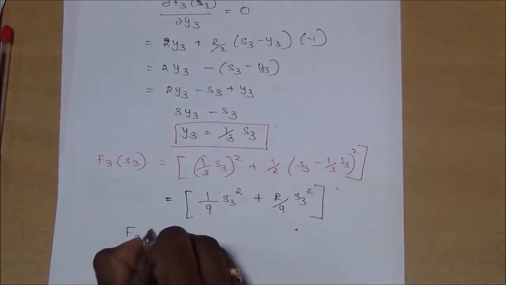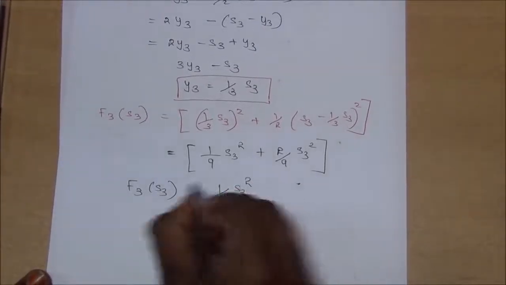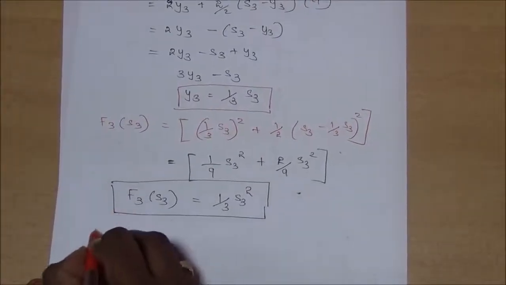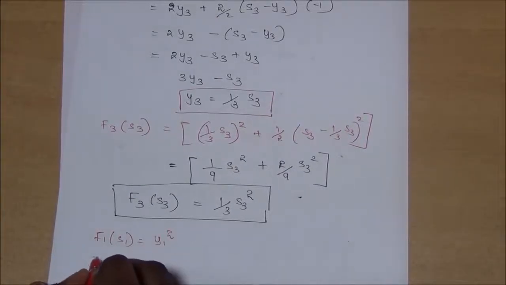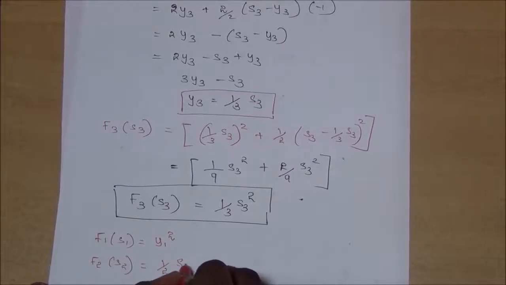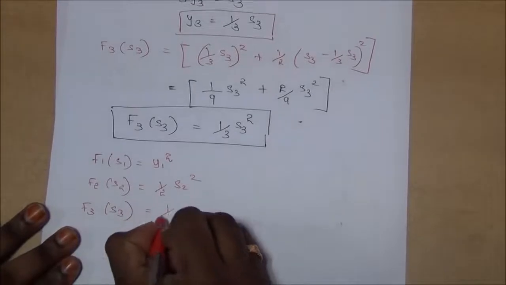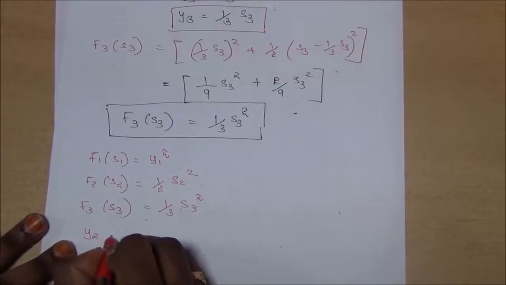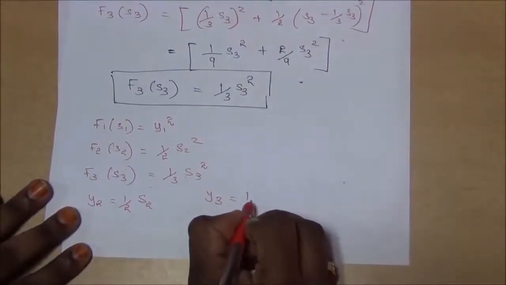So the f3 of s3 value will be 1 by 3 s3 square. We already know f1 of s1 is y1 square. For f2 of s2 it is 1 by 2 s2 square. For f3 of s3 it is 1 by 3 s3 square, and similarly y2 is 1 by 2 s2, and y3 is 1 by 3 s3.